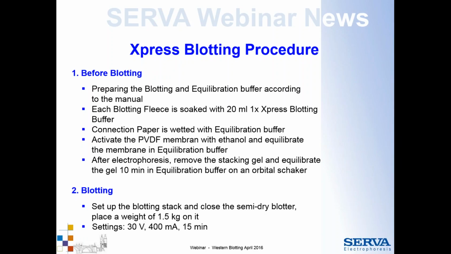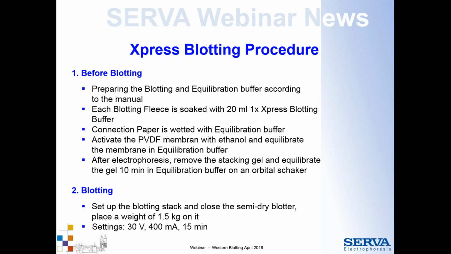And the additional information you may get from a stacking gel will not be really helpful on a Western blotting membrane. So if you want to make sure where the sample lanes are, it is recommended to perform Ponceau S staining after the blotting.